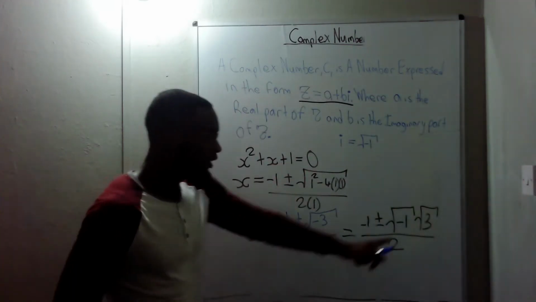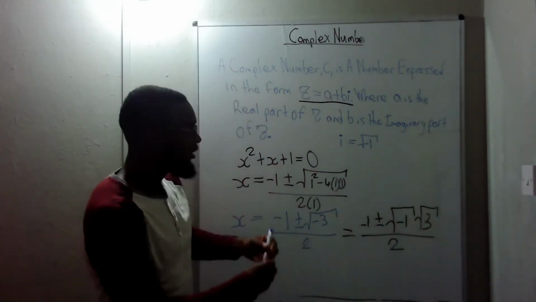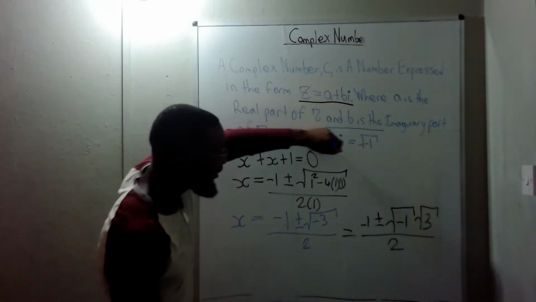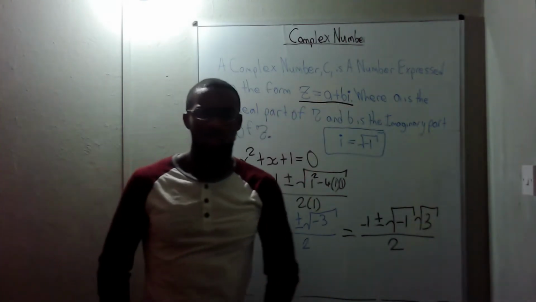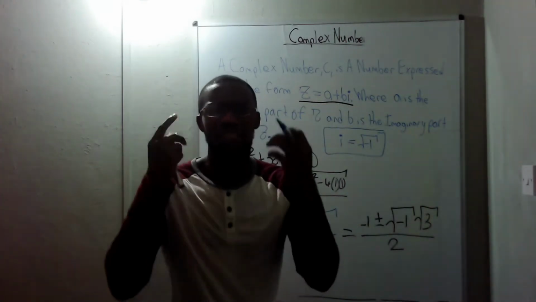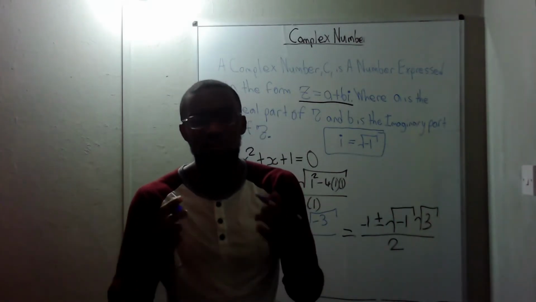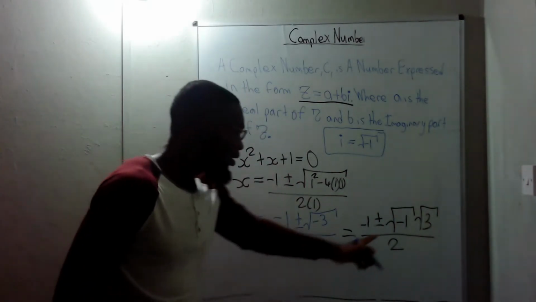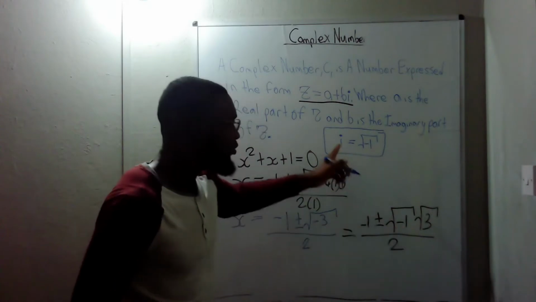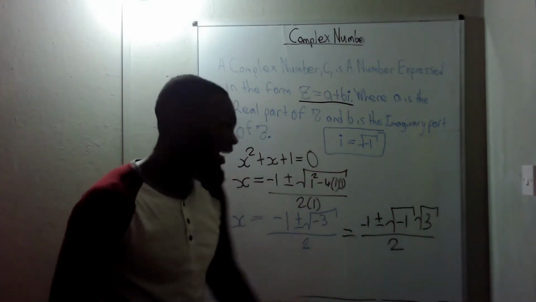Now this square root of negative 1 is i. That's how we define a complex number. Remember, we don't know what the square root of negative 1 is, but we can call the square root of negative 1 i. Just give it a value i.